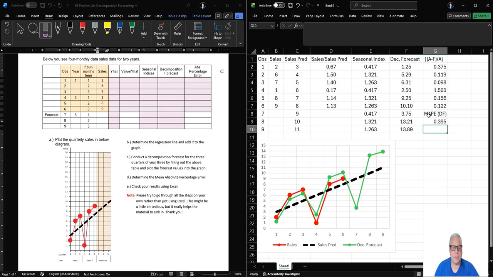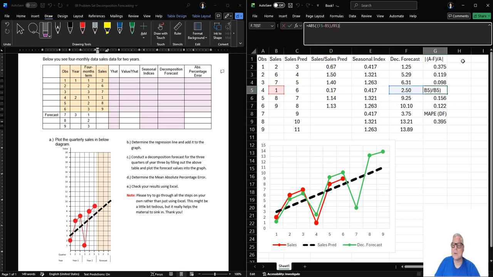Okay, so it's 0.395. It looks okay. So if we do the same for the linear trend line, that should be actually much worse.